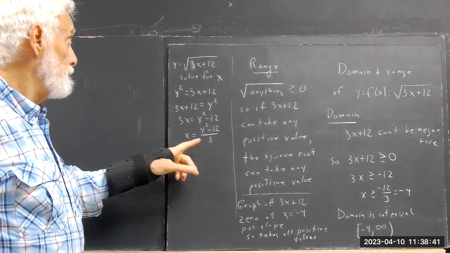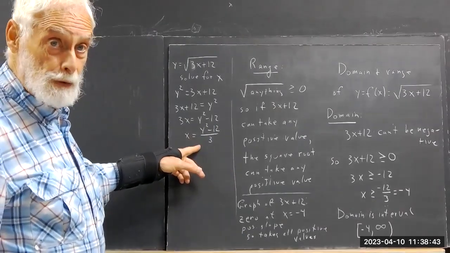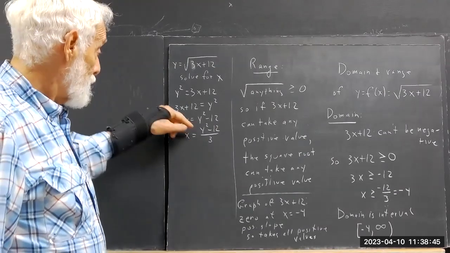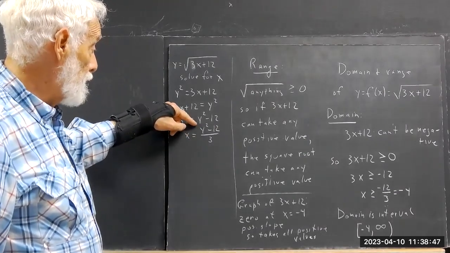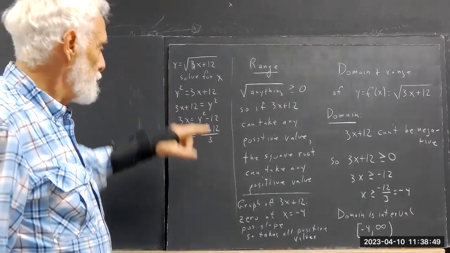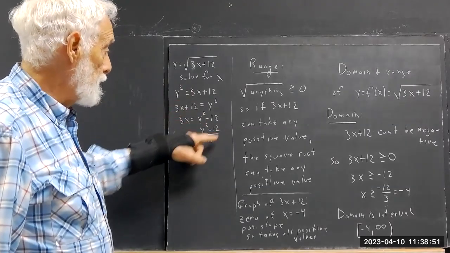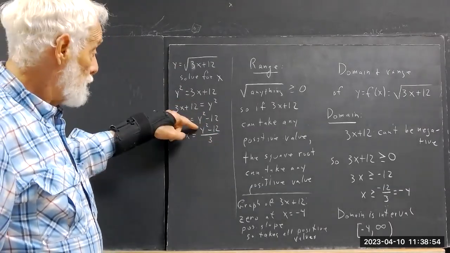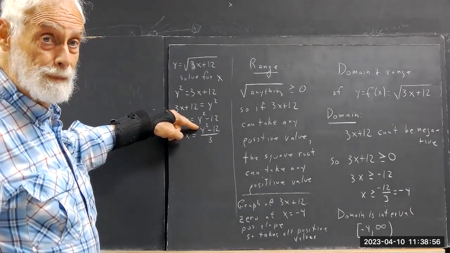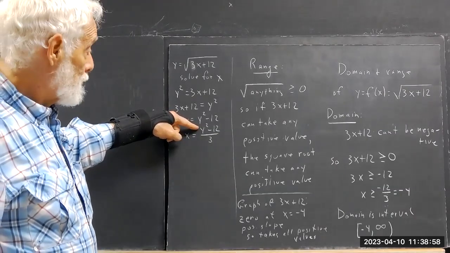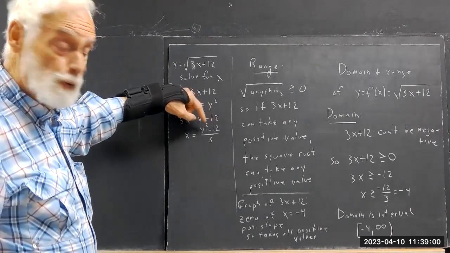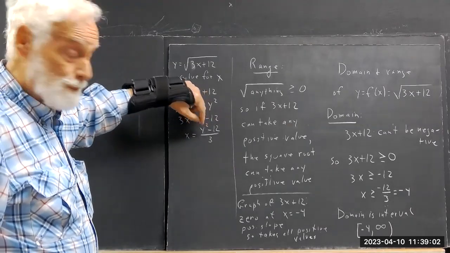Now, as it turns out, we don't get any values of x less than negative 4, because y squared is never less than 0, so this is never less than negative 12. Okay.